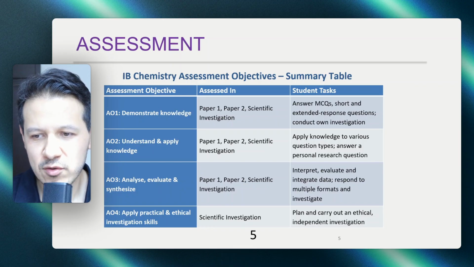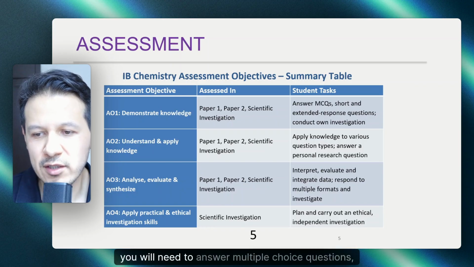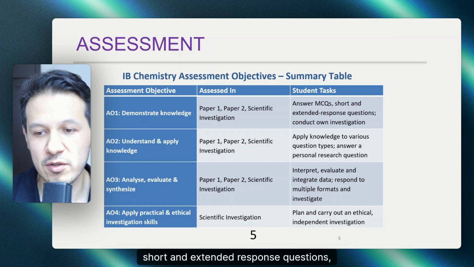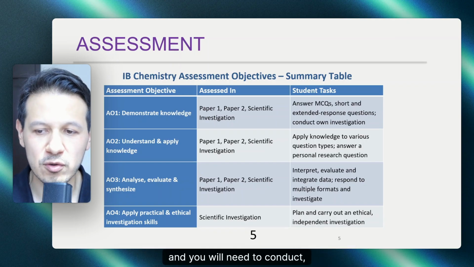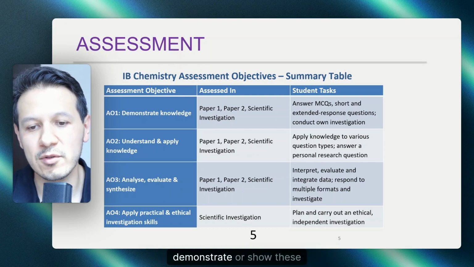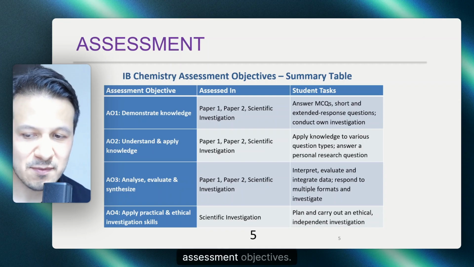Okay, so you will need to answer multiple choice questions, short and extended response questions, and you will need to conduct your own investigation in order to achieve or demonstrate these assessment objectives.